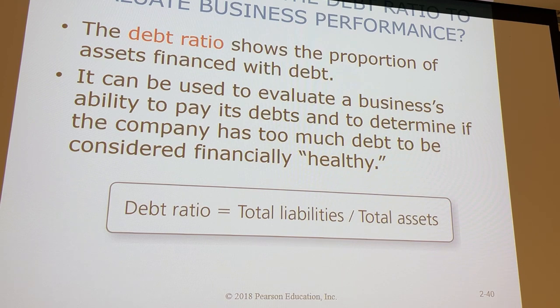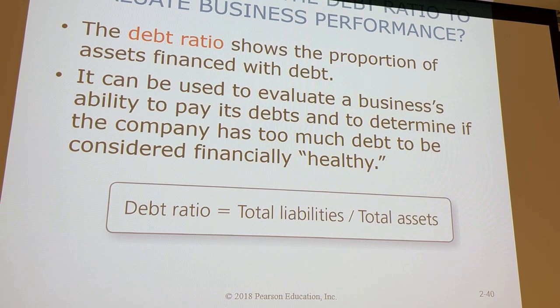Okay, there's one financial ratio at the end of this chapter, which is the debt ratio. And the formula for the debt ratio is total liabilities divided by total assets. So this information would come from the balance sheet. And what the debt ratio tells us is the proportion of the company's assets that are financed with debt.